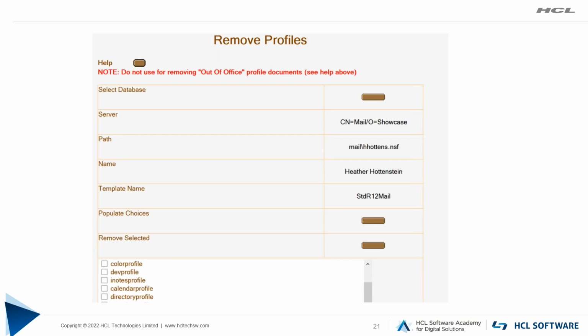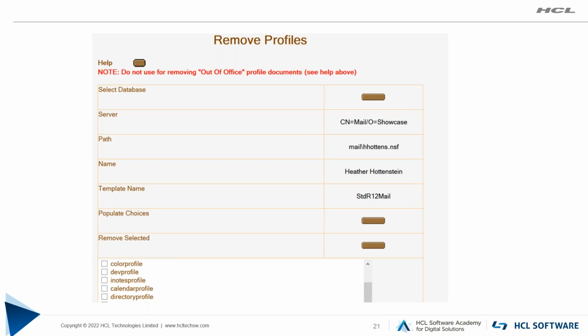So with regards to the remove profiles utility, it's going to do exactly what it says. It's going to allow me to delete one. Now, I do want to point out here, you do not want to use this for the out of office profile documents, okay? The biggest reason is, first of all, you do have a specific tool for that. We went over that when we were talking about the out of office profile and agent deletion utility.